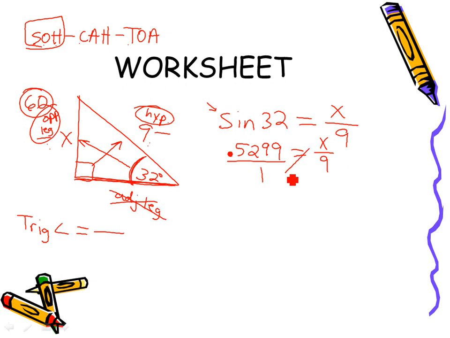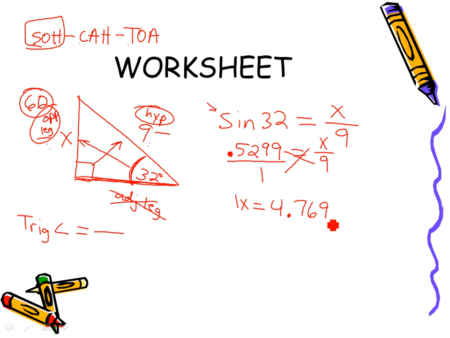We cross multiply, 1 times x is 1x. Multiply this way, 0.5299 times 9 gives us about 4.769. Divide by 1, which isn't going to change anything. I need to go back and read the directions.